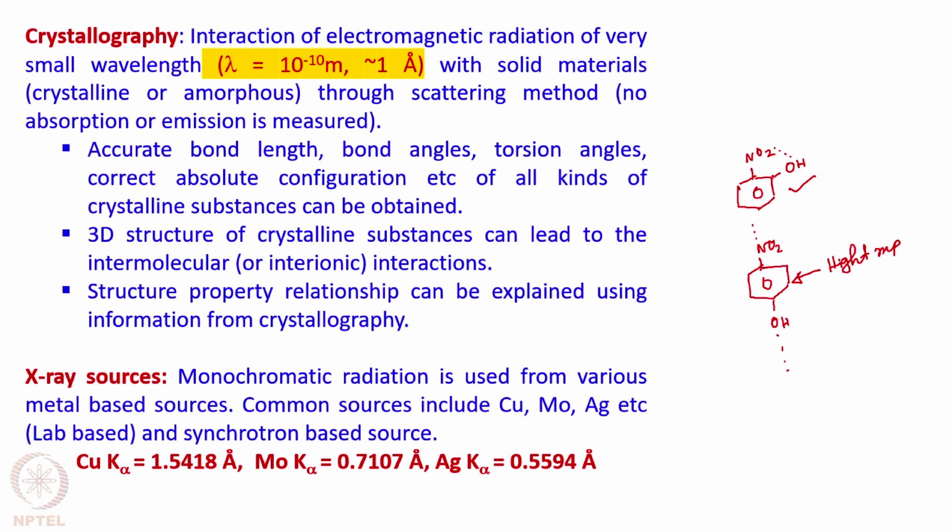The K alpha radiation coming from copper is about 1.54 angstroms. Molybdenum K alpha is 0.71, and silver K alpha is 0.55 angstroms. These wavelengths are highly significant, and we will see towards the middle or end of the course that the choice of wavelength is very important for the experiment that we are going to do.